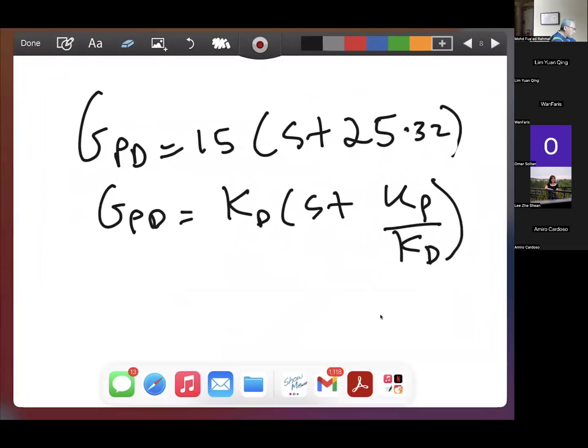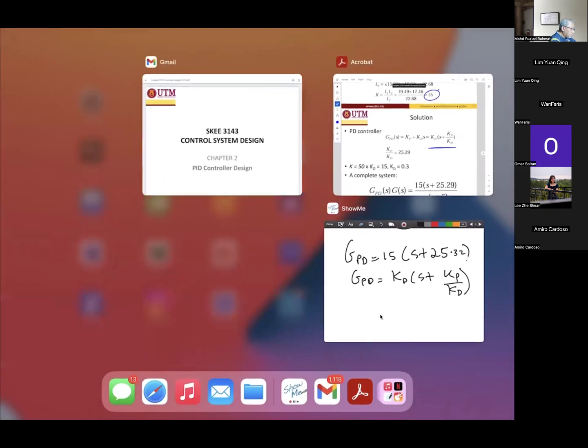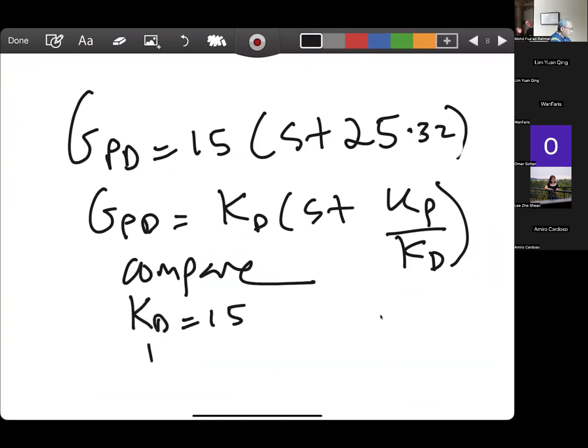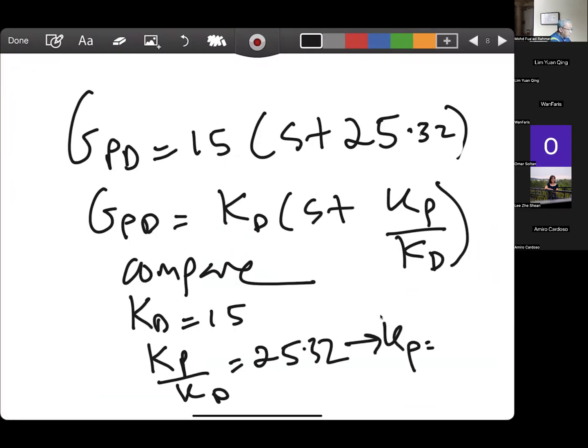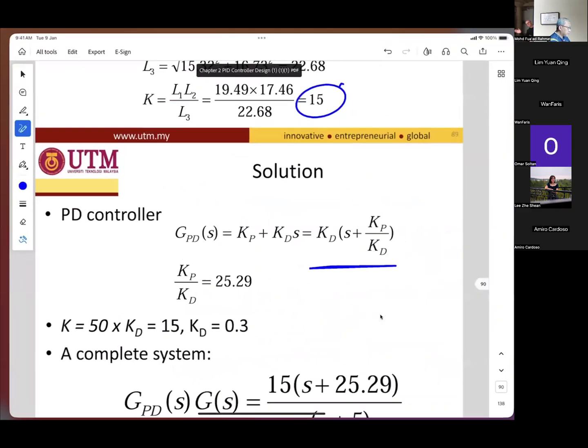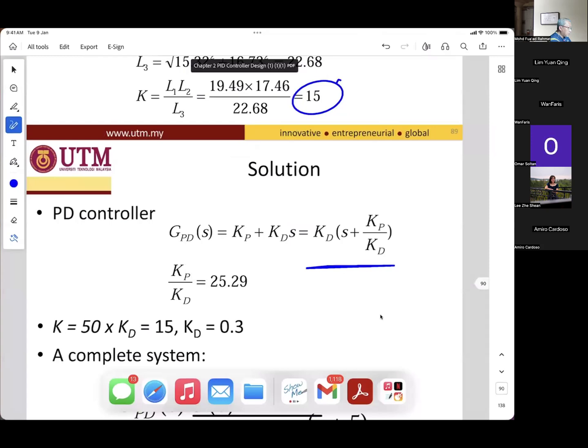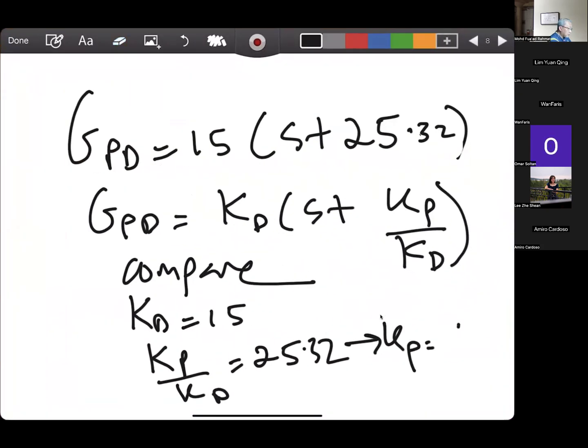Okay, double confirm. Kd is the derivative gain and Kp is the proportional gain. Then you compare: Kd is equal to 15, and Kp over Kd is equal to 25.32. So therefore Kp is equal to 0.3.